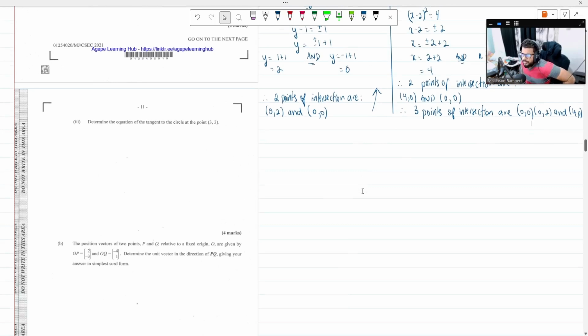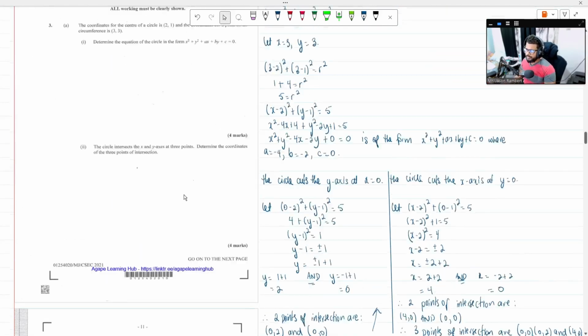Determine the equation of the tangent to the circle at the point (3, 3). So we go ahead and get the gradient. I'm going to let the tangent at (3, 3) be L1. Let the tangent at (3, 3) be L1.